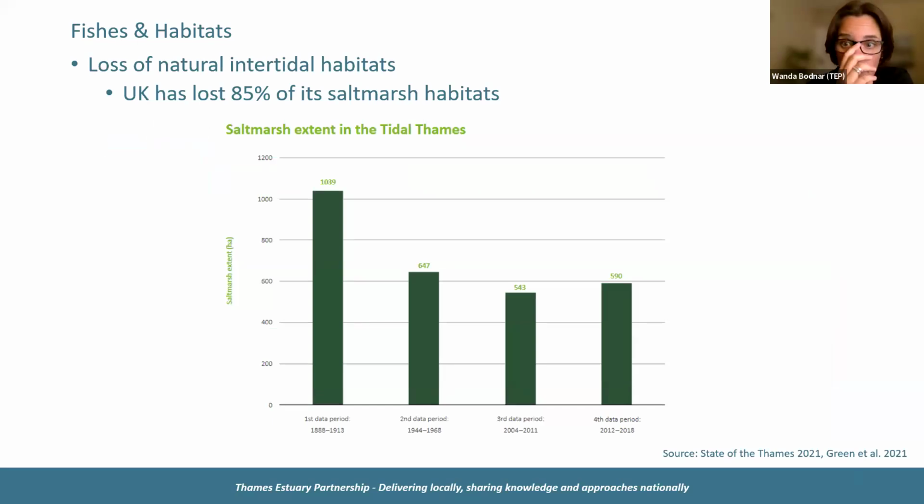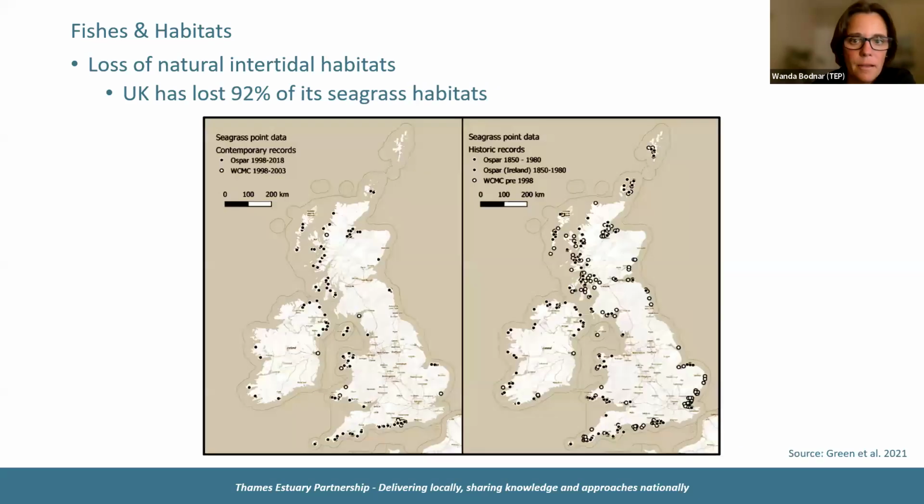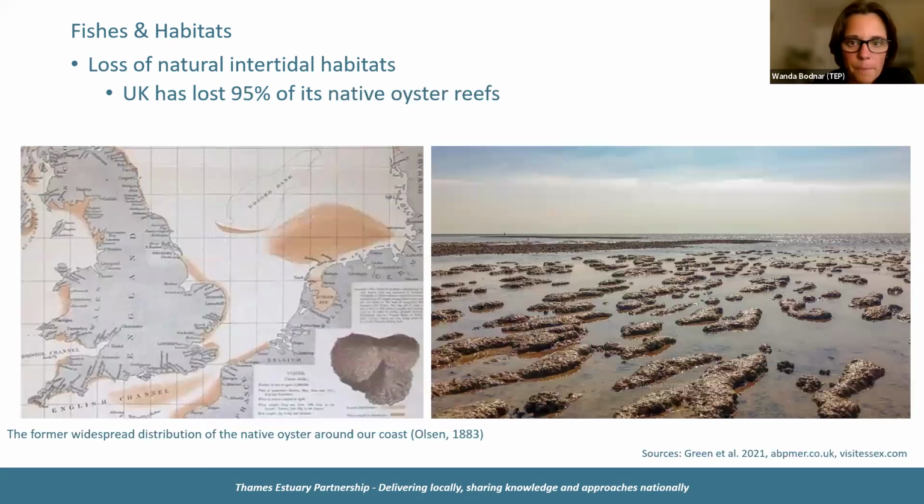However, in the last 150 years or so, the UK has lost 85% of its salt marsh habitats, with over 50% of the salt marsh areas lost within the Thames Estuary. 92% of the seagrass habitats are also lost in the whole of the UK, as well as 95% of the native oyster reefs.